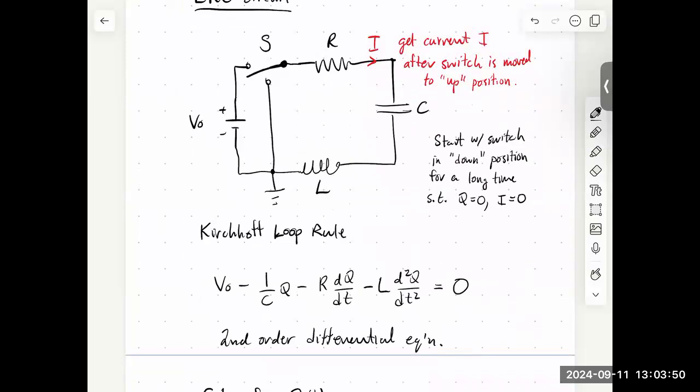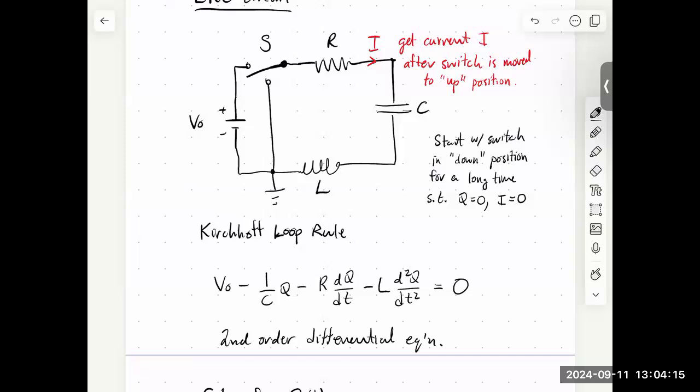We gain the voltage of the battery, and then we have voltage drops across each of these components, and we know how to calculate all those things. We set up this expression, which is a second order differential equation. And unless you've taken some math courses already at the differential equations level, we don't yet know how to solve this expression.